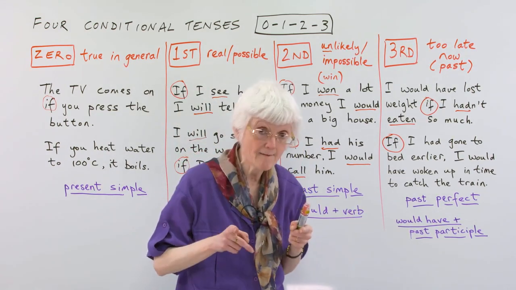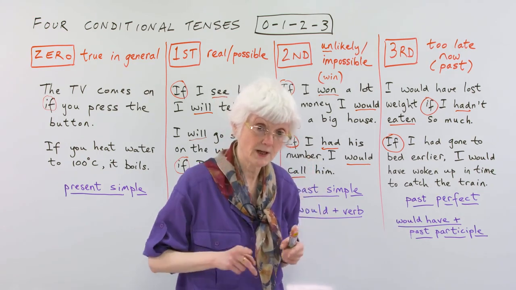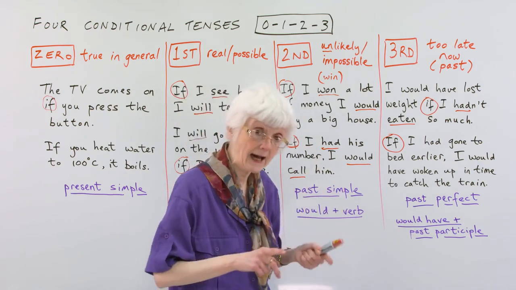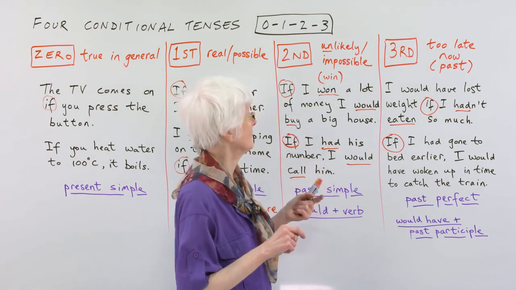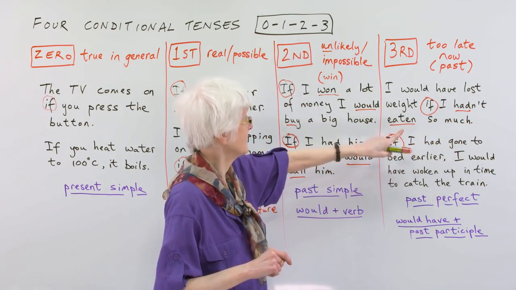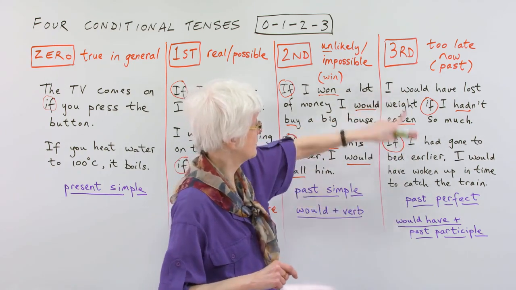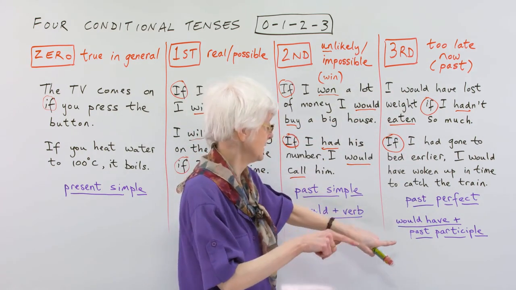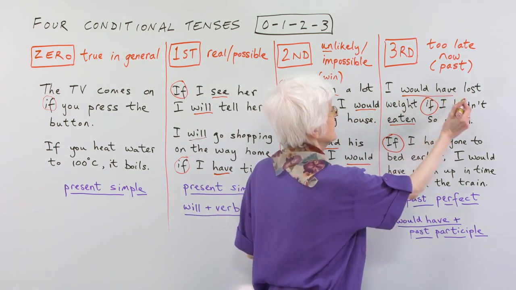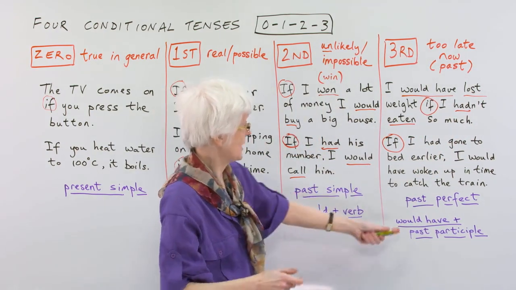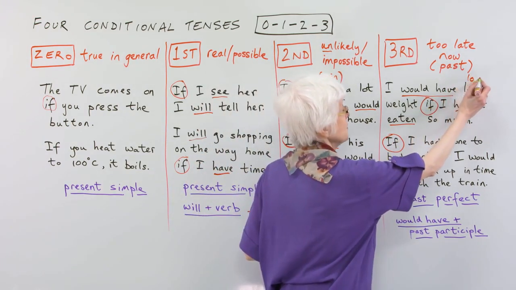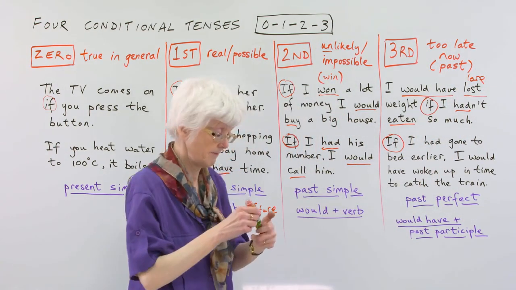If you say I have eaten, that's the present perfect, okay? But this is the past perfect. I had not eaten. So that's the past perfect with the if clause, okay? And then the other part, the main clause, has would have plus the past participle. So I would have lost, would have, and then lost is the past participle of the verb to lose. Okay.